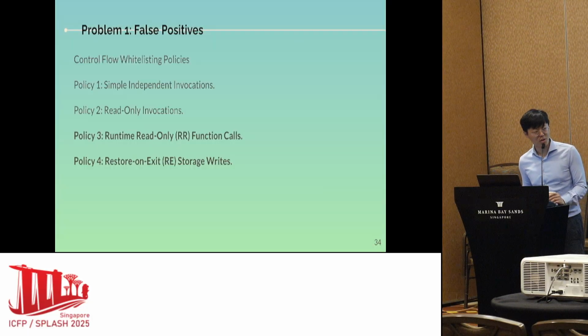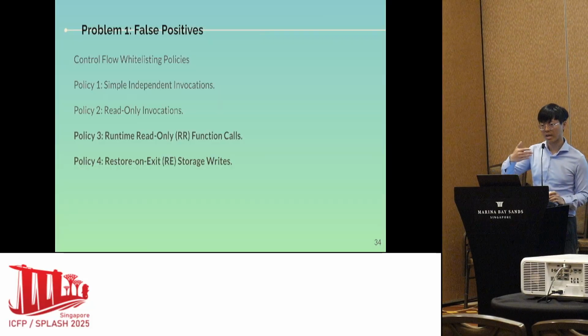So here we introduce two policies to further reduce the false positive rate, which are runtime read only and restore on exit. These are two flags we track on the fly to record the properties of the execution. For runtime read only, whenever we encounter an opcode which will alter the blockchain state, we will mark that flag as false.